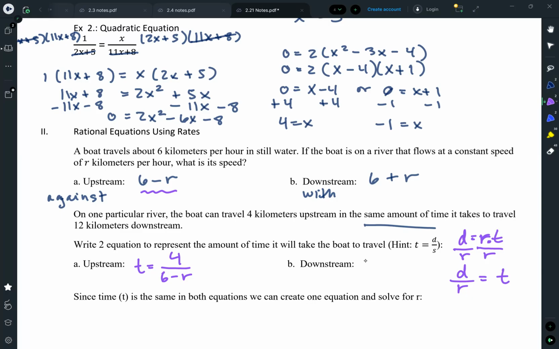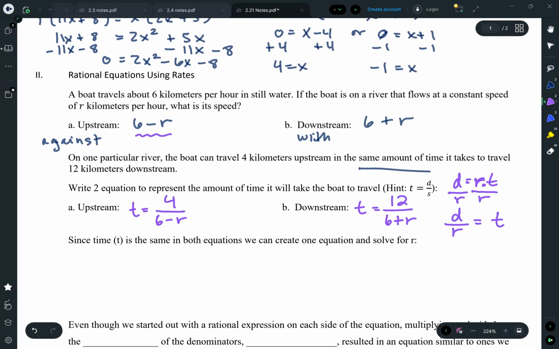So for downstream, I would write T equals my downstream distance, 12, over that rate or speed, 6 plus r. We're increasing our speed because the river's pushing us along. So now it does say it takes the same amount of time. So that means we can take our expressions for time and make them equal to each other and solve.